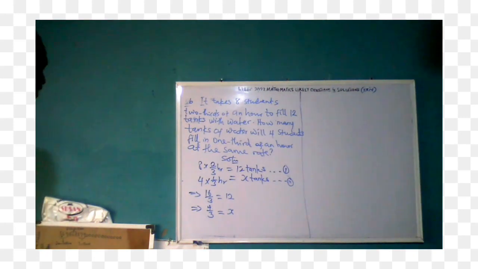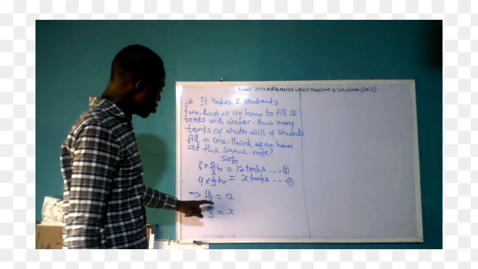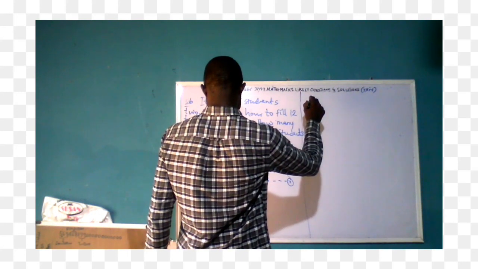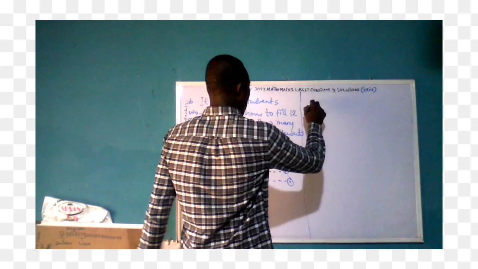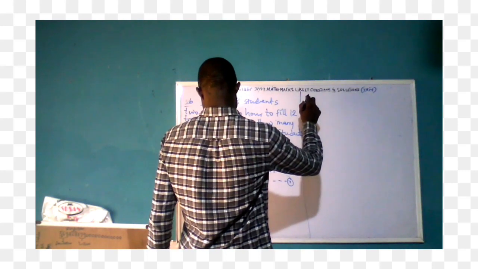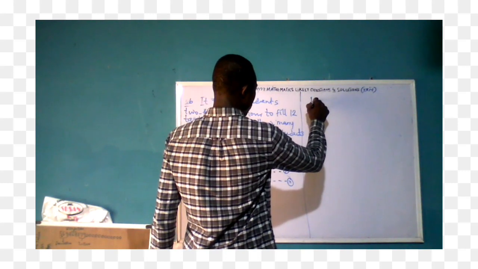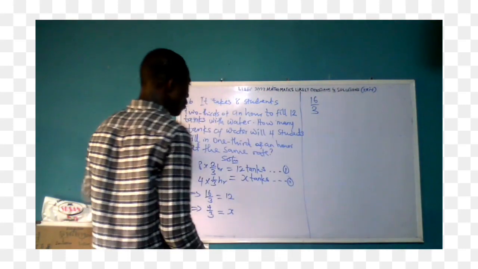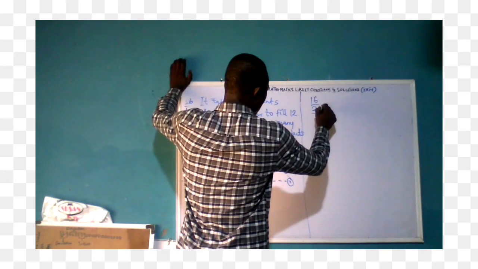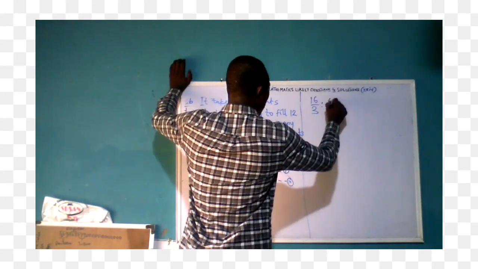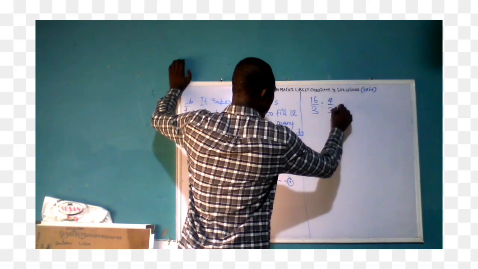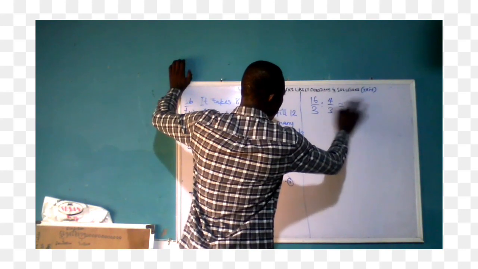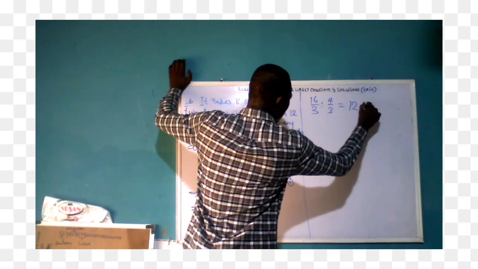Taking the ratio, 16 all over 3 ratio 4 all over 3 is equal to 12 ratio x.